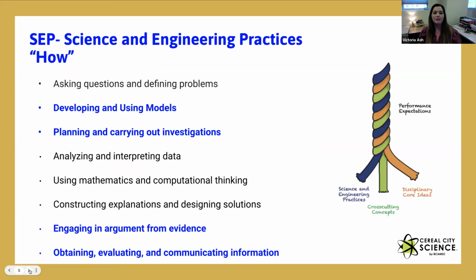When we look at our science and engineering practices in this unit, the ones that are in blue are the ones that we cover in this unit. So we're looking at developing and using models, planning and carrying out investigations, engaging in argument from evidence, and obtaining, evaluating, and communicating information.